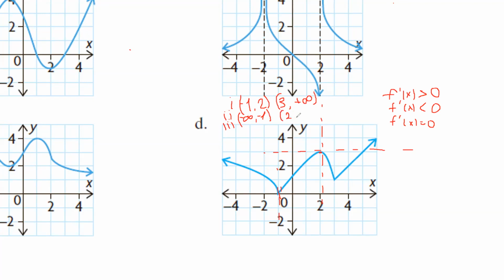And there are the horizontal tangents at points -1 and 0. I wouldn't agree with you because remember, cusps occur when the derivative is undefined.